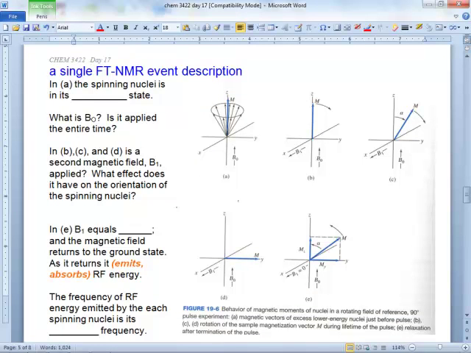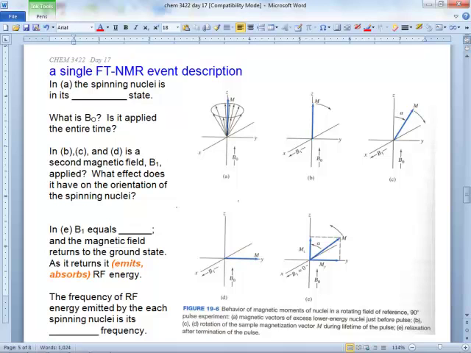In little a, the spinning nucleus is in its what state? You have two choices. We said them both. Look at the rest of the diagram and deduce it. There's nothing to memorize here. In A, what state is that spinning nucleus in?